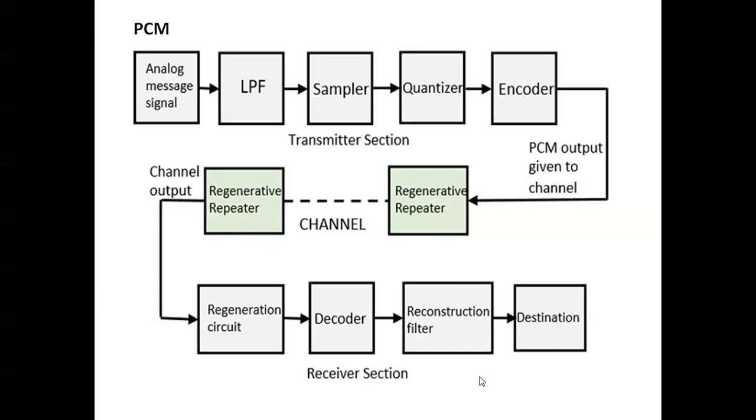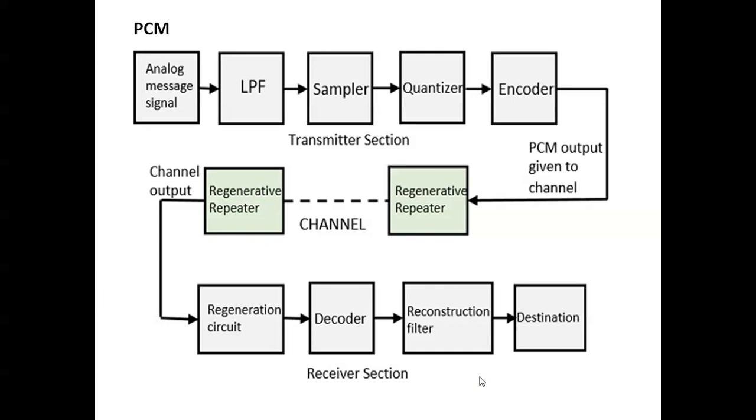Once the sampling frequency is less than twice the highest frequency, the signal gets overlapped, so the signal might be lost. Avoiding that is what we call the aliasing effect. To avoid this aliasing effect, we place an anti-aliasing low pass filter. That is the filter shown here, the low pass filter.